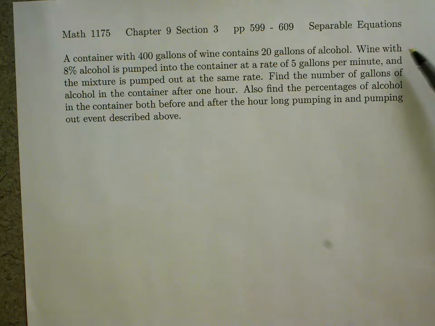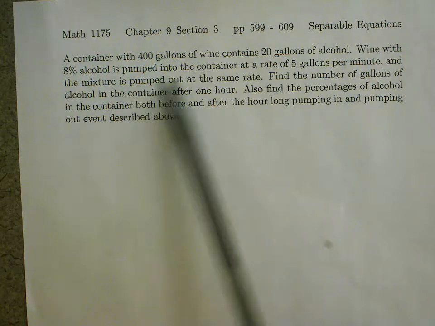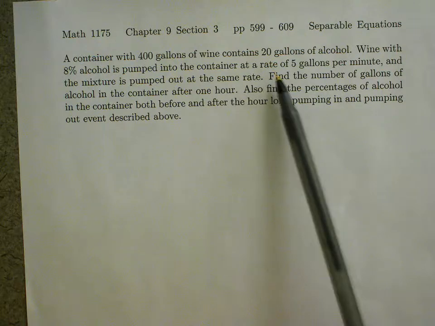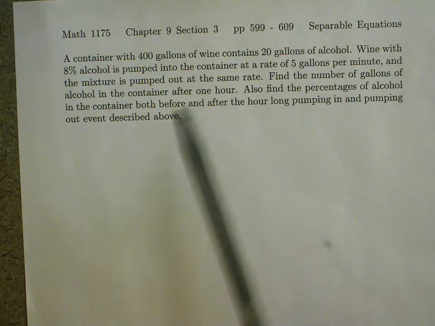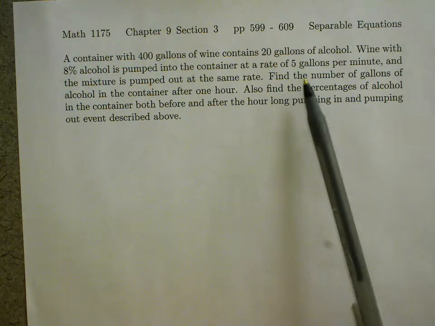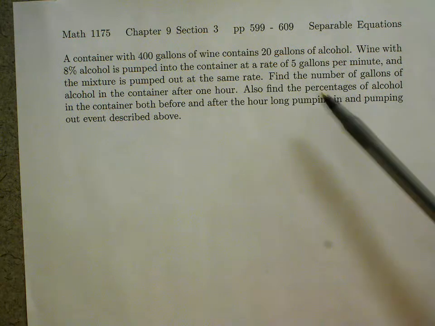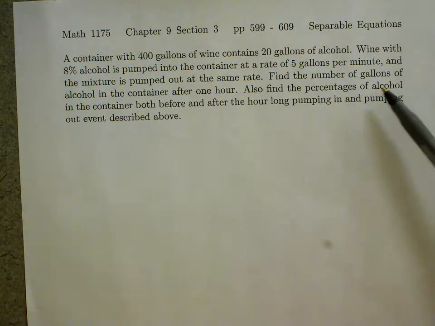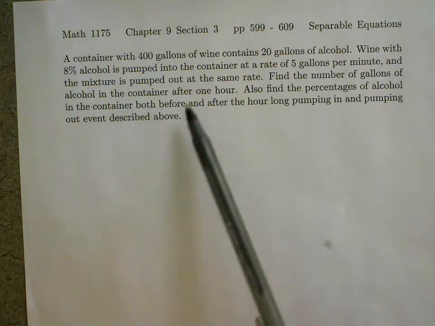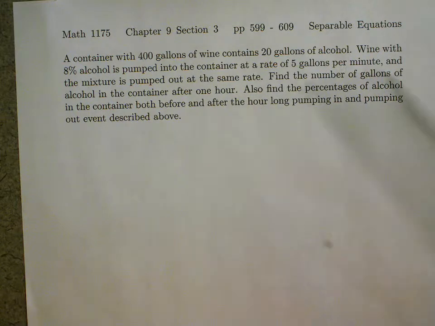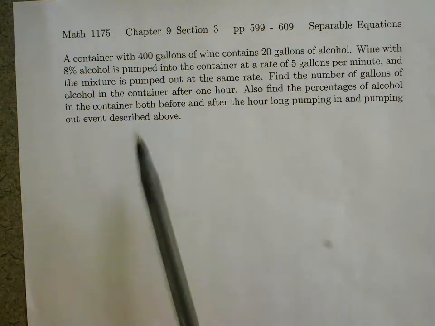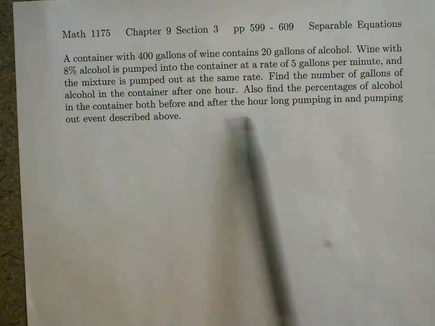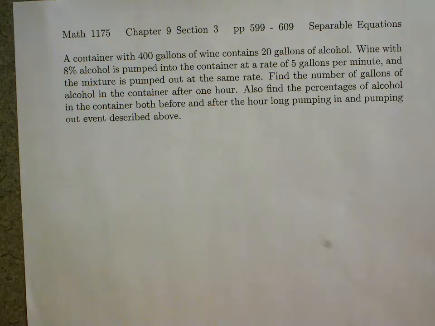And then wine with 8% alcohol is pumped into the container at a rate of 5 gallons per minute. And then the mixture is pumped out at the same rate of 5 gallons per minute. Find the number of gallons of alcohol in the container after 1 hour. And then also find the percentages of alcohol in the container both before and after the hour-long pumping in and pumping out.